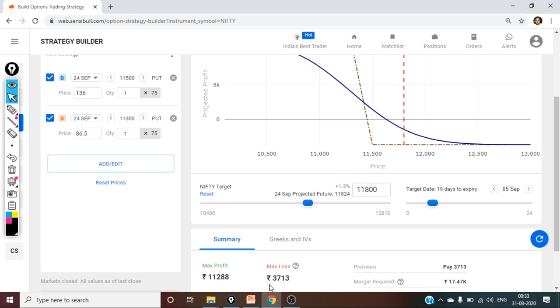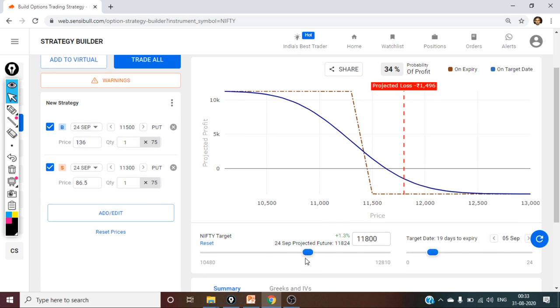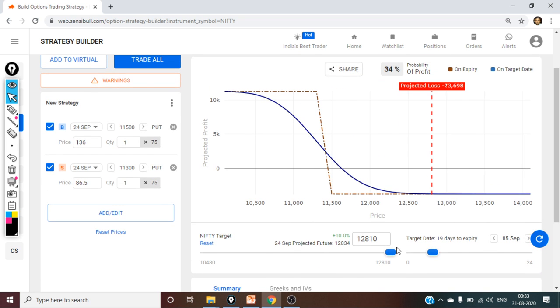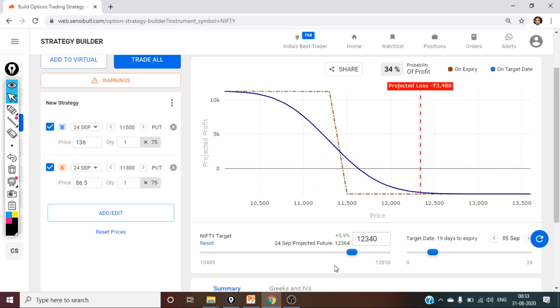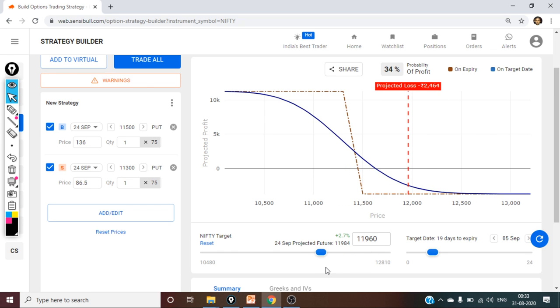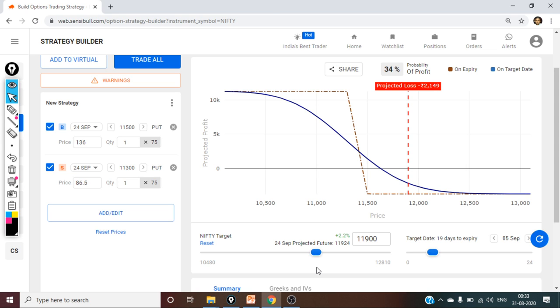Now you can see our max loss is limited to 3,700 rupees. That means if the stock moves anywhere in the upward direction, our max loss will be 3,700 rupees. We are not going to lose 10,000 rupees.